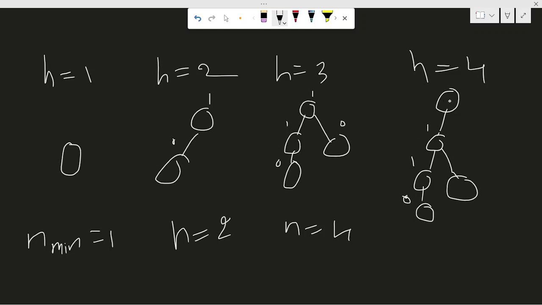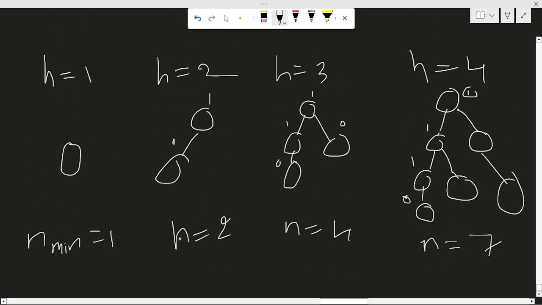Now again, here the height difference is 3 minus 0, it will become 3. So in order to prevent that, I will add 2 nodes. Now 3 minus 2 is 1. So it is an AVL tree. So the minimum number of nodes required is 1, 2, 3, 4, 5, 6, 7. 7.